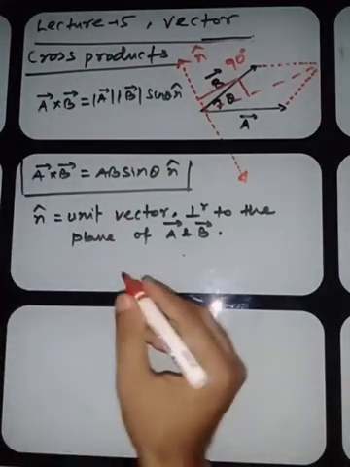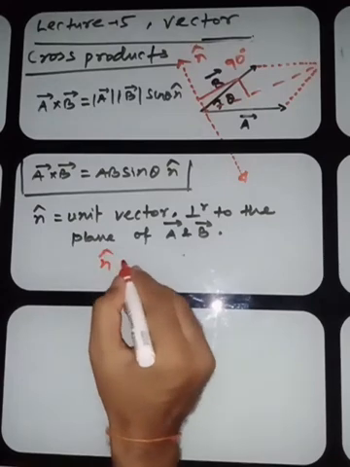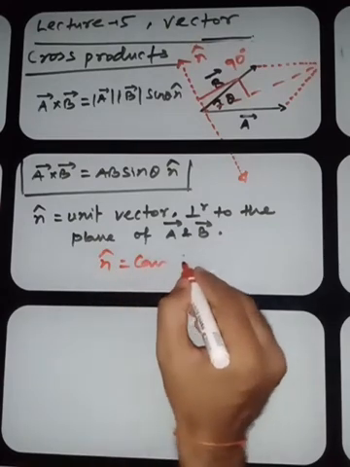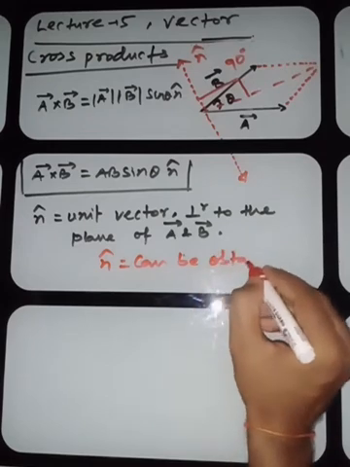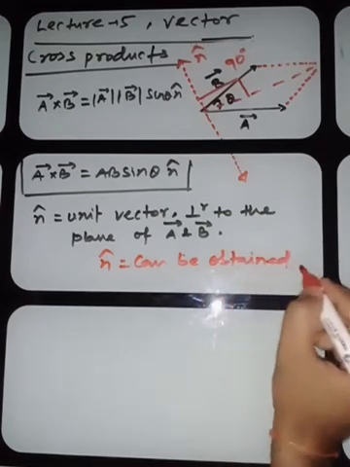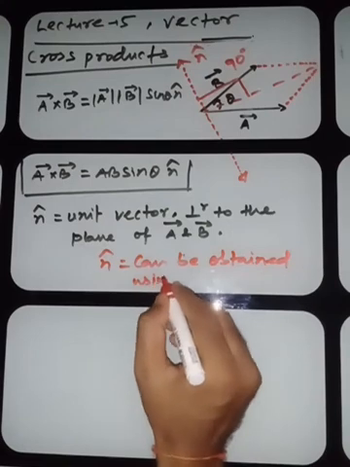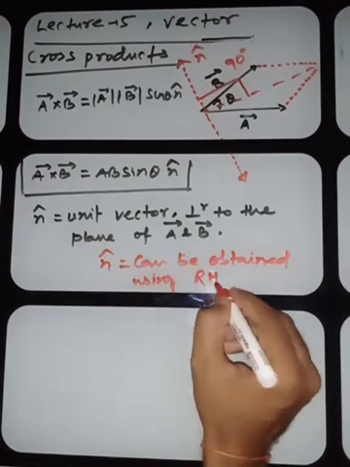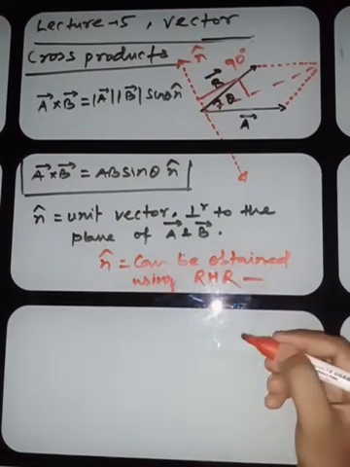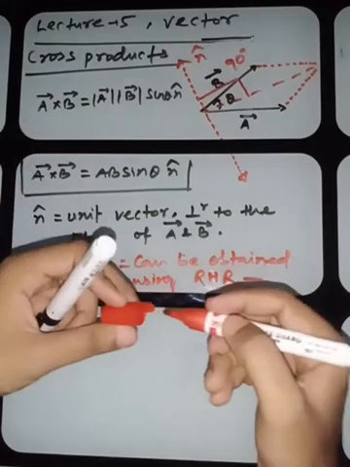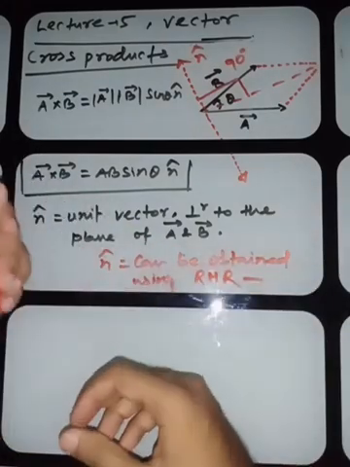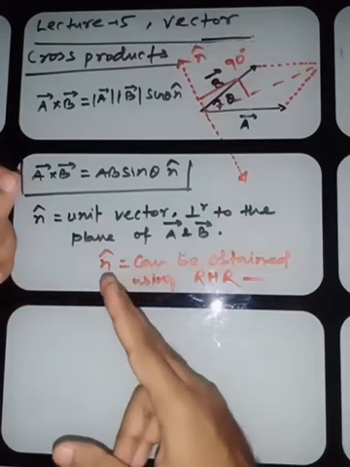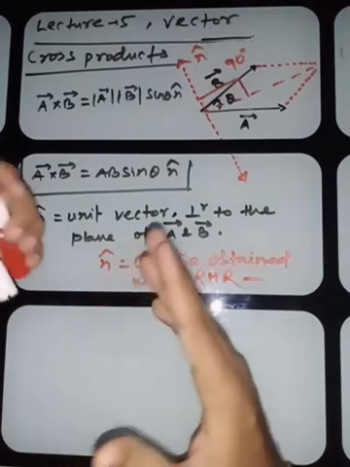So you can write here, this n cap can be obtained using the right hand rule. Yes, Maxwell's right hand rule. In fact, we will always try to find the direction of n cap using the right hand rule.